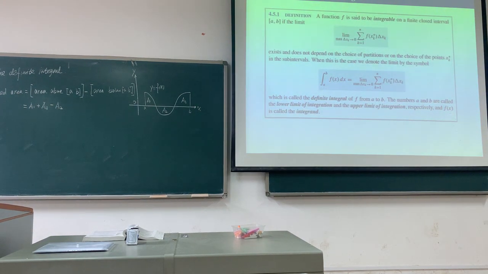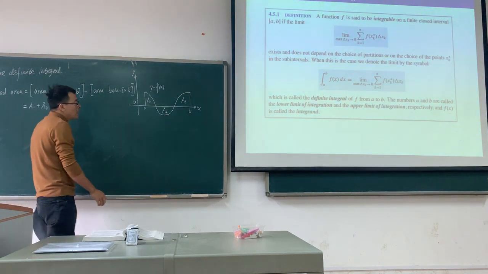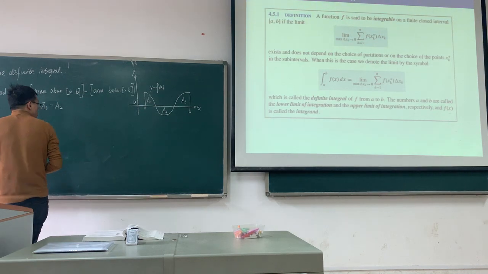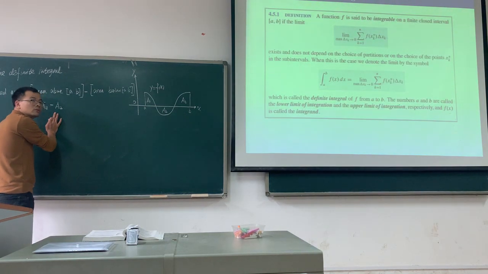The area above AB is A1 plus A3, and the area below AB is A2. So it is equal to A1 plus A3 minus A2.